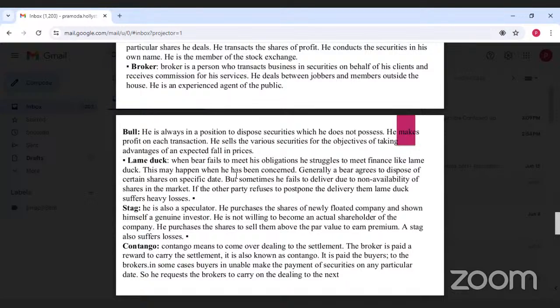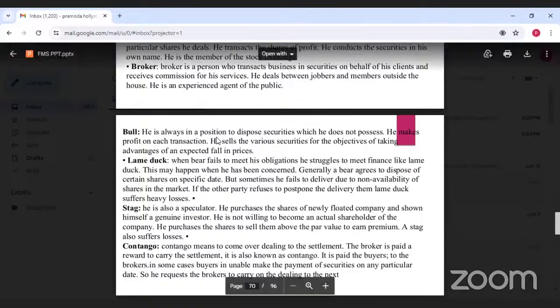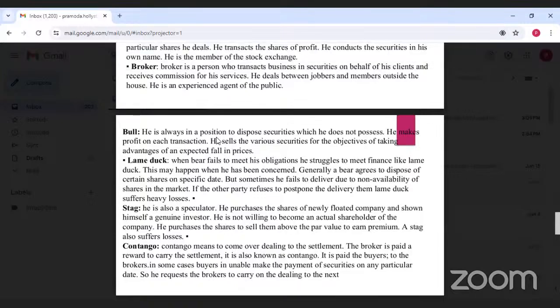Bear is one who believes that a particular security is headed downward and may attempt to profit from it.